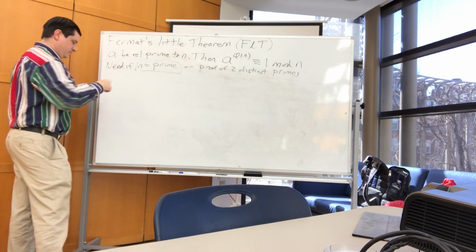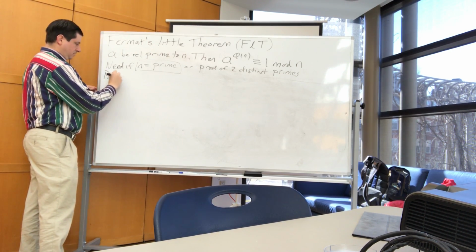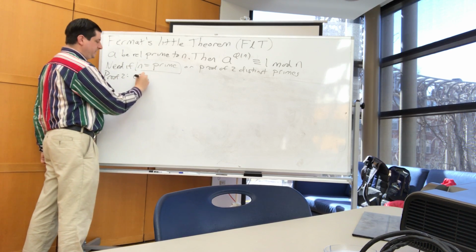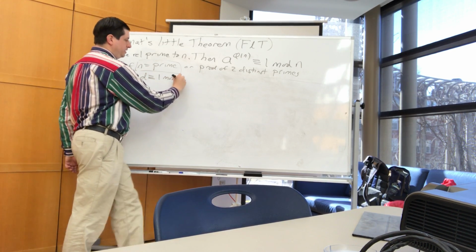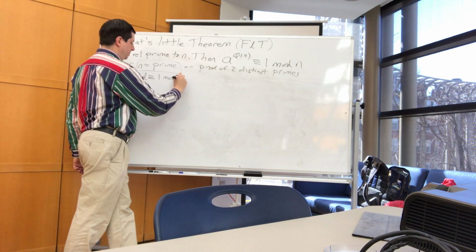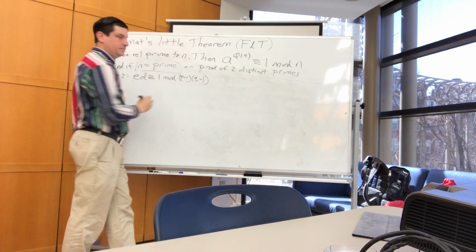So proof 2. Again, we're proving that m to the ed is m. We still have ed congruent to 1 mod (p minus 1)(q minus 1).